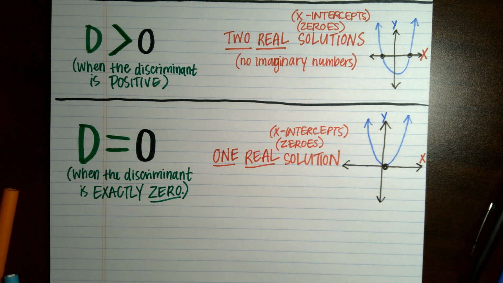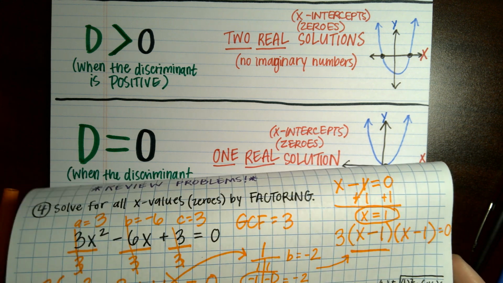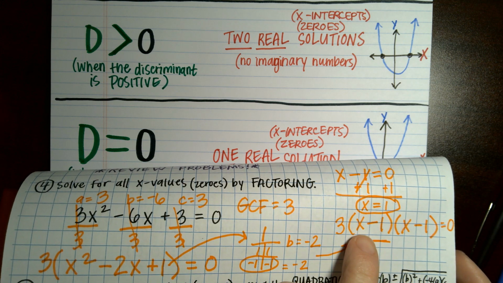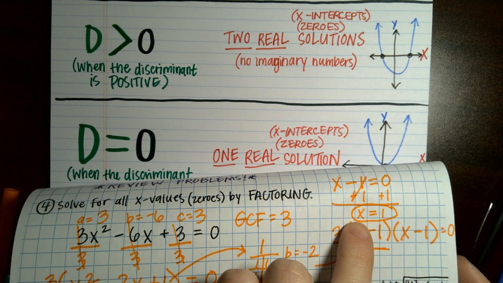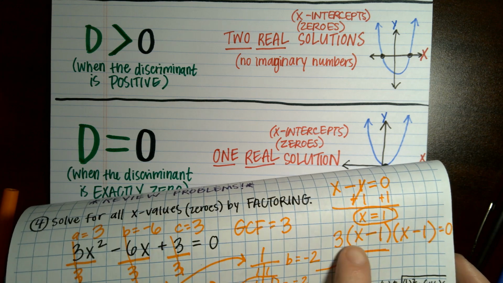So if I'm not incorrect, I think that our do now problem would be like this. The one where we factored for the zeros, and we got x minus 1 and x minus 1. We only had one real solution there. We had x equals 1 because those are the same.